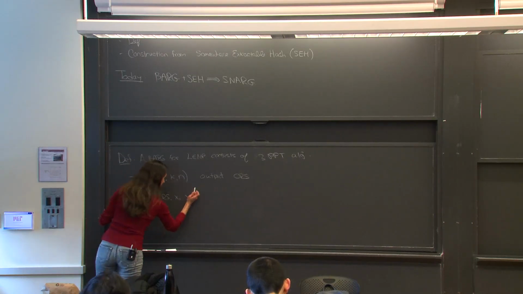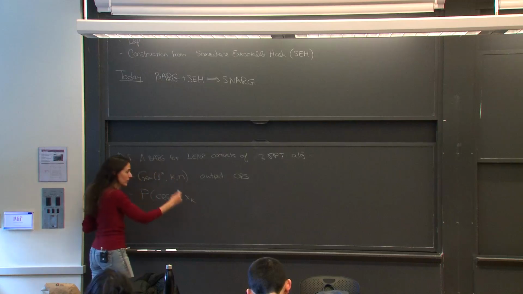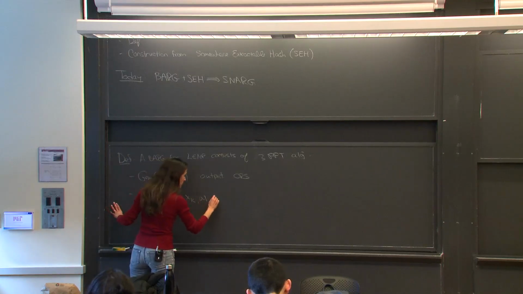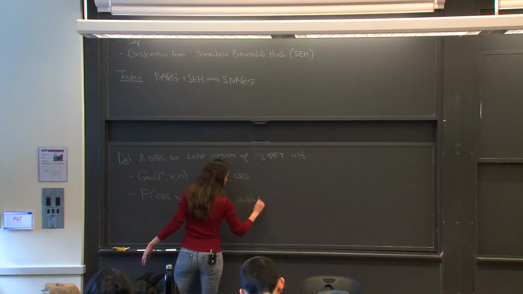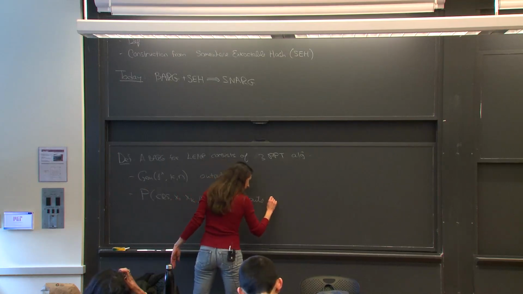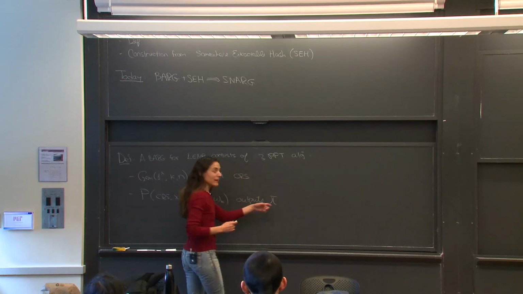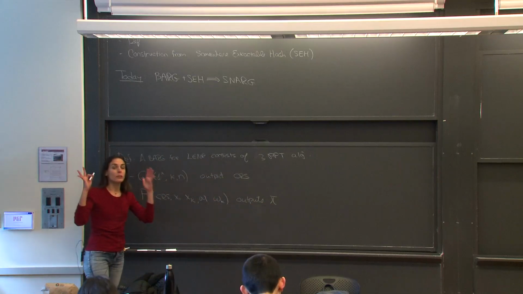Then the prover algorithm takes as input the CRS, and x1 up to xk, so k instances with witnesses, and outputs a proof pi. But importantly, this proof should be small.